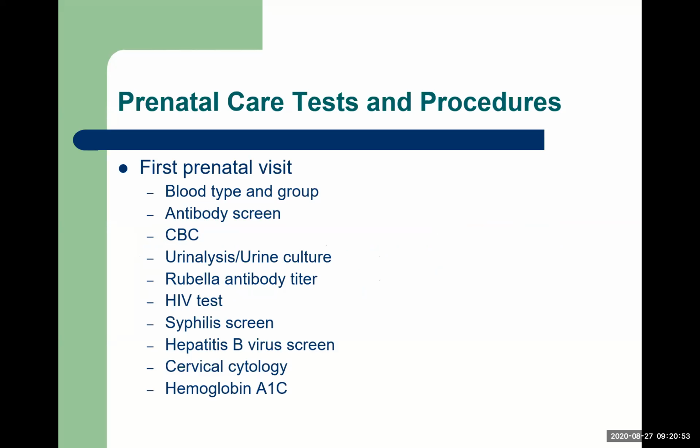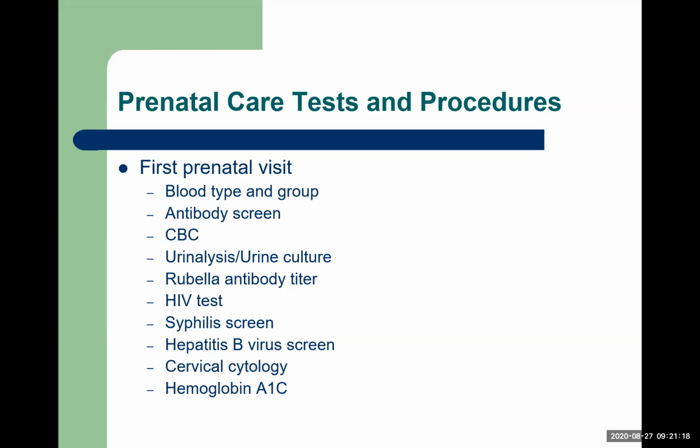So in prenatal care, we order a lot of different testing and procedures throughout the pregnancy, but particularly in the first trimester, usually during the first prenatal visit, we get an array of blood testing.